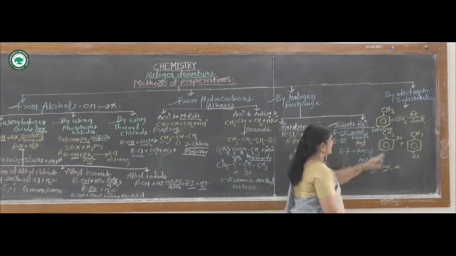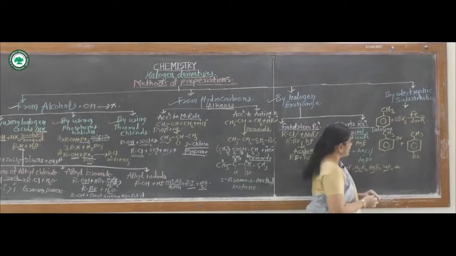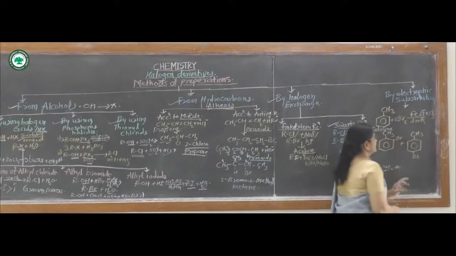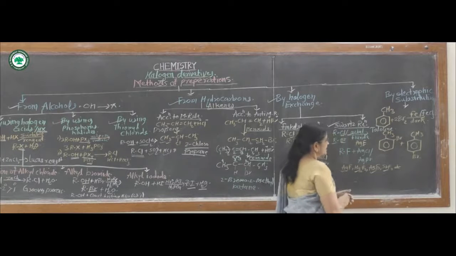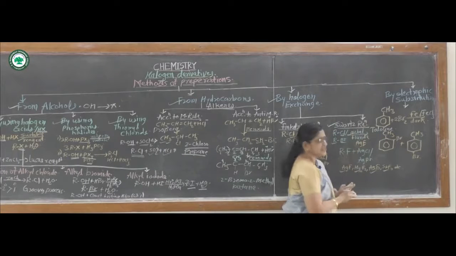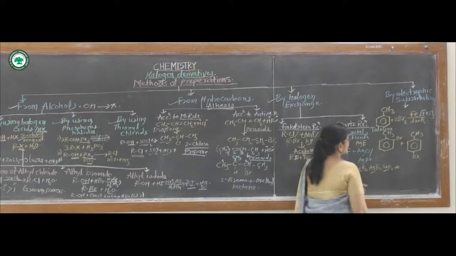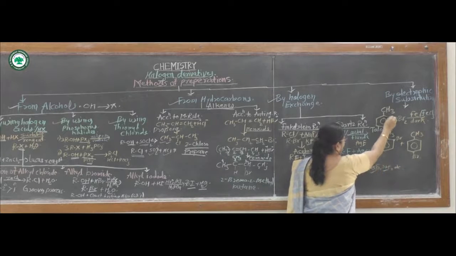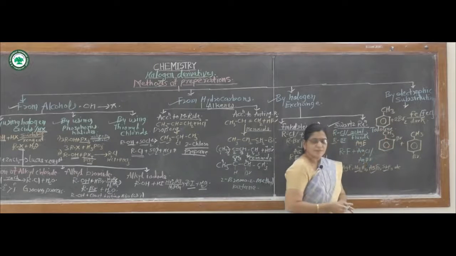If this reacts with bromine, Br2, in the presence of a Lewis acid such as Fe or FeCl3, in dark at room temperature, it undergoes electrophilic substitution, and the bromine atom gets substituted at the ortho position or the para position.